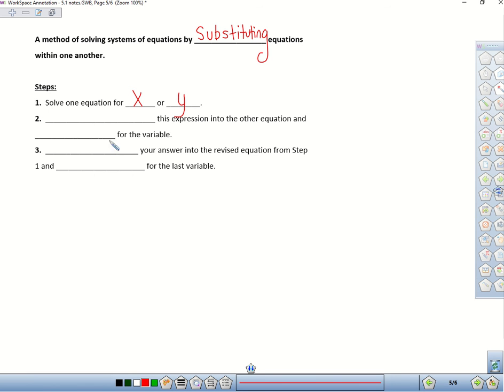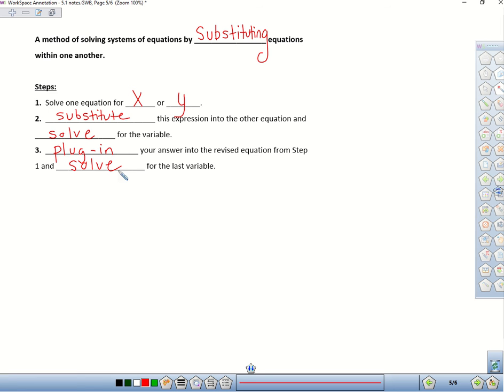And then number 2 says substitute this expression into the other equation and solve for the other variable. And once you do that, you're going to plug in or substitute your answer into the revised equation from step 1 and solve for the last variable.